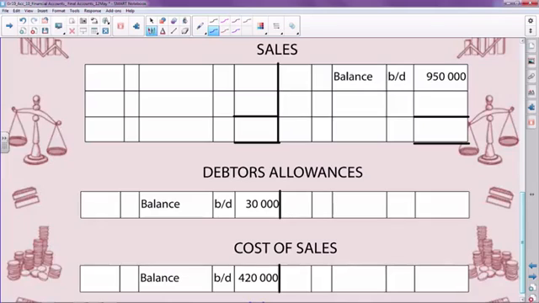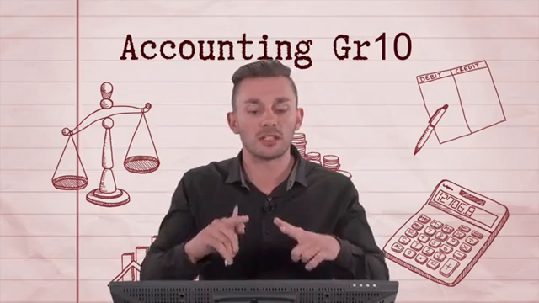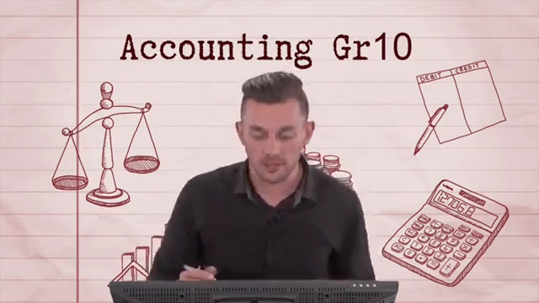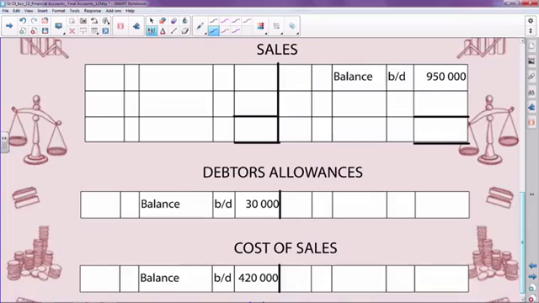So the very first step, remember, your very first step, debtors allowances. What do I do with debtors allowances? I need to transfer the debtors allowances to sales. So how do I get this debtors allowances, which is an expense, to zero? I need to take it to the other side. I take it to the credit side, and I will take it to sales, and therefore sales will go down on the debit side.